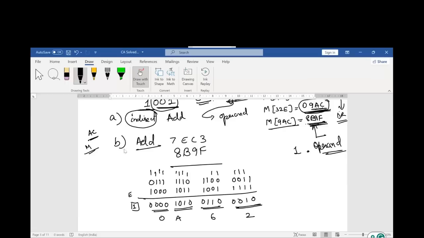In the second, after addition, the value of your accumulator would be 0A62.